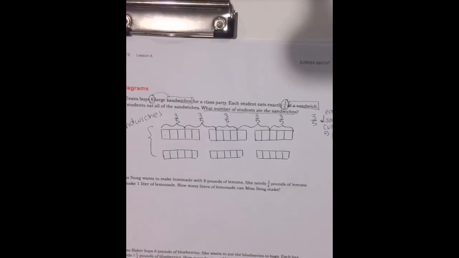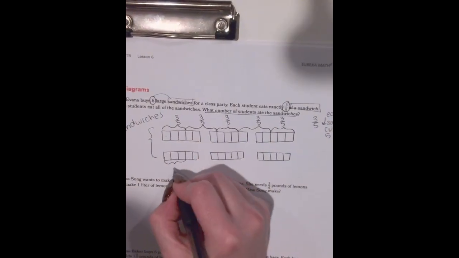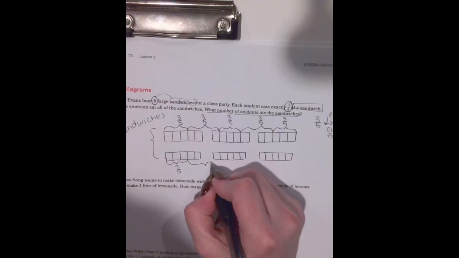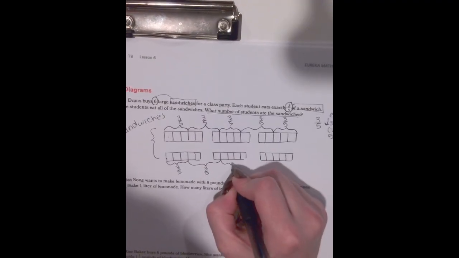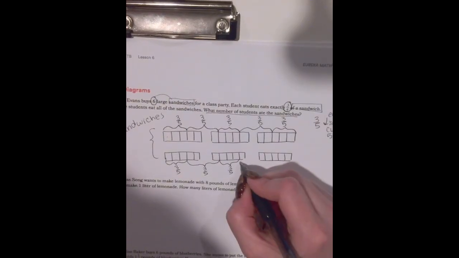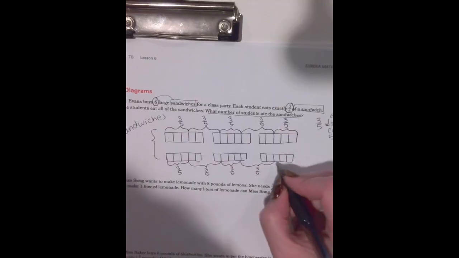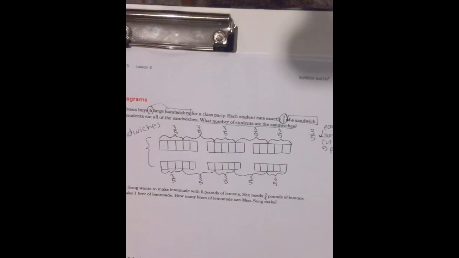The same thing is going to continue with the next 3 sandwiches. So another student comes up and takes 3/5 here. Another person comes up and takes 3/5 from here. We have 3/5 taken from this sandwich, 3/5 taken from this sandwich, and 3/5 taken from this.